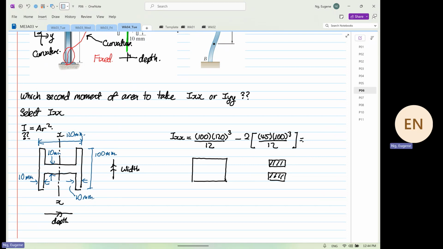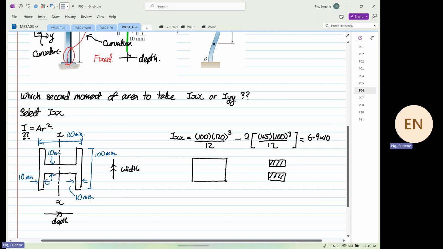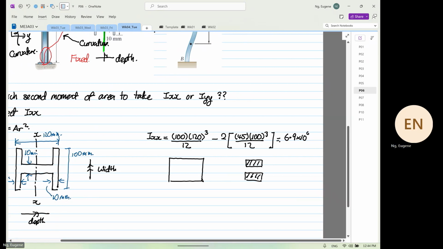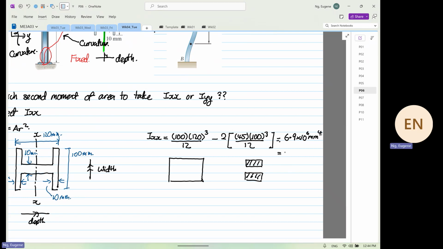So it's equal to 6.9 times 10 to the power 6 millimeter 4, or is equal to 6.9 times 10 to the power minus 6 meter 4.